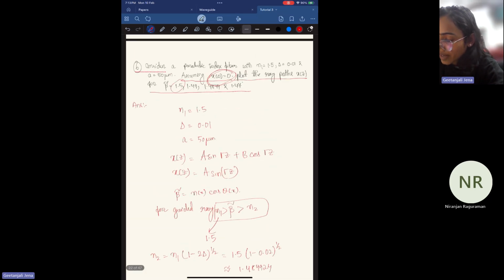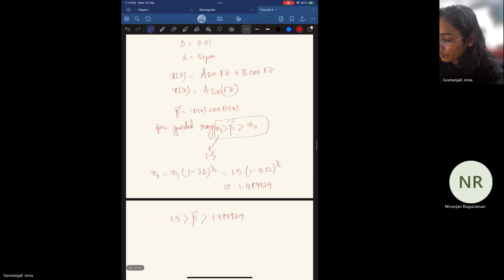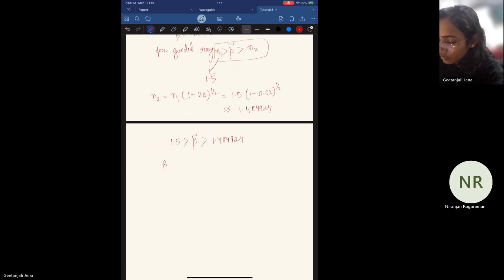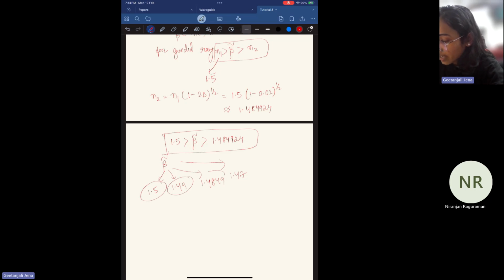Now let us see what is the beta tilde given here. So we have 1.5, 1.49, 1.4849 and 1.47. If you see the ray guidance condition, only these two, 1.5 and 1.49, lie in the guided ray range.